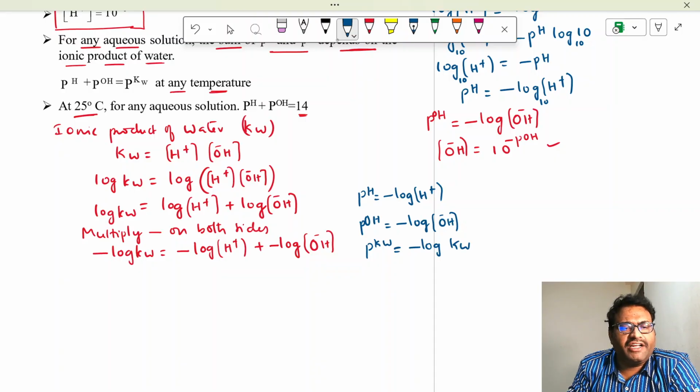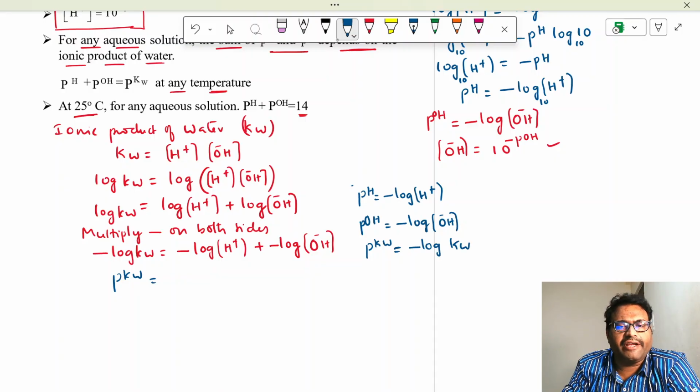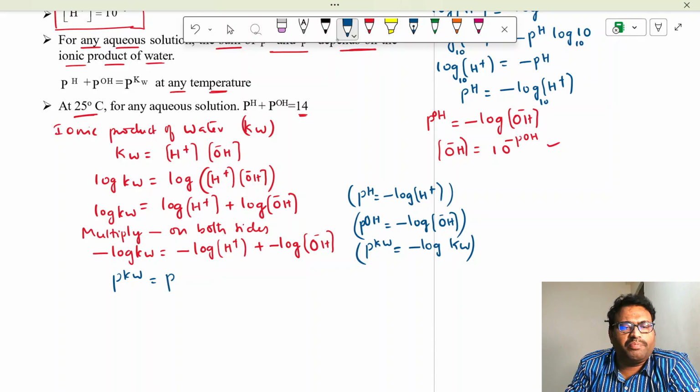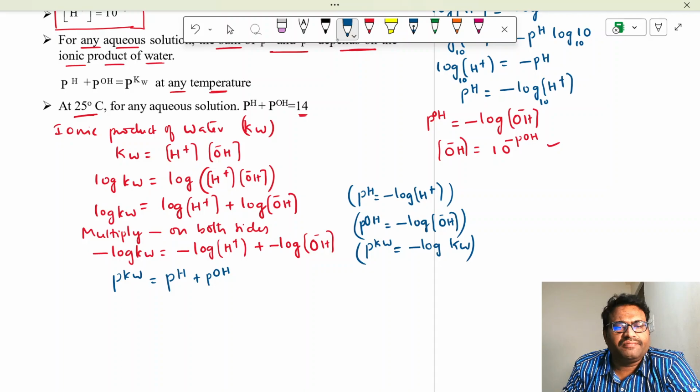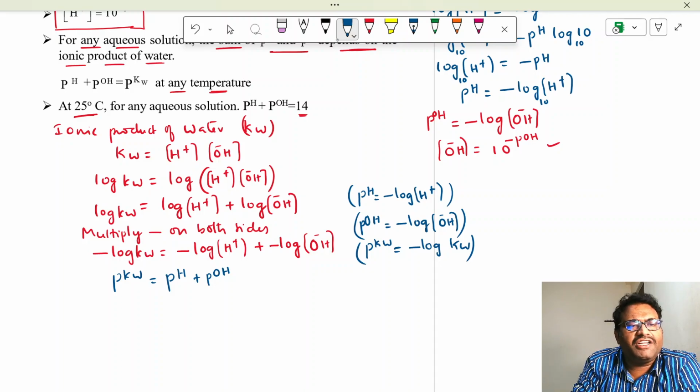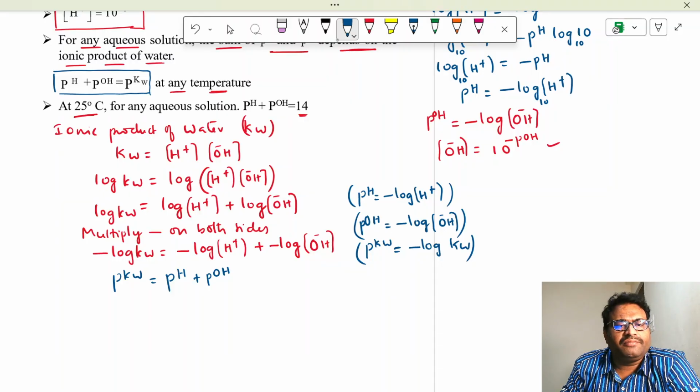So pKw is equal to pH plus pOH. So this is what is written here: pH plus pOH is equal to pKw, right?